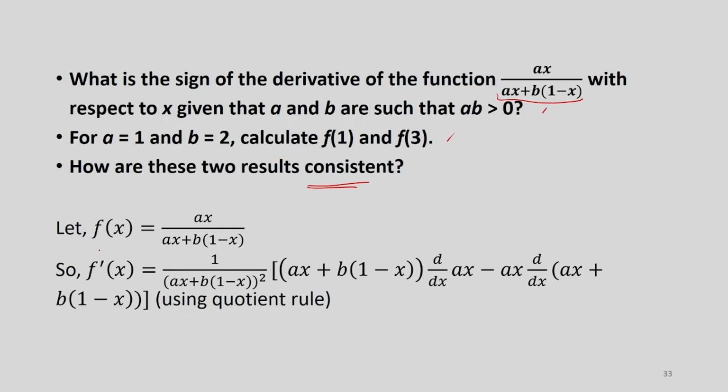So, let us suppose that this function is given by f x, a function of x, we have to find out f prime x. That we find out by using the quotient rule, right.